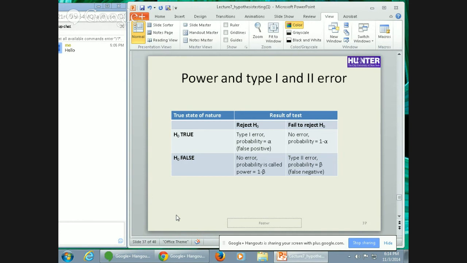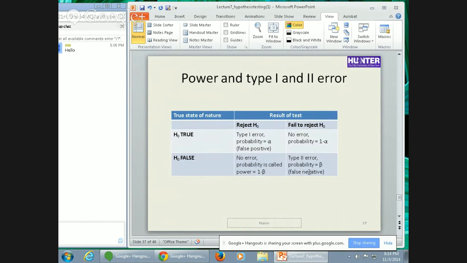Just a brief note on power. I mentioned type 2 error a little bit before, and I'm going to talk more about power next week. But remember the type 2 error was when H0 is false, but we fail to reject H0.